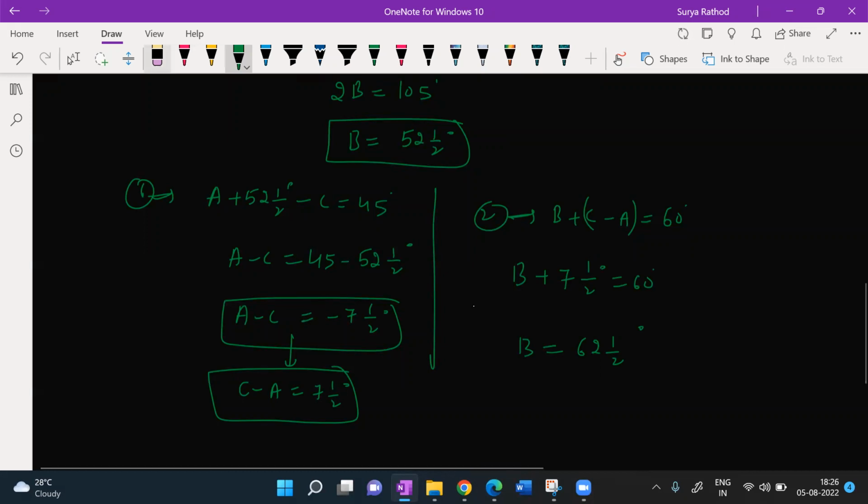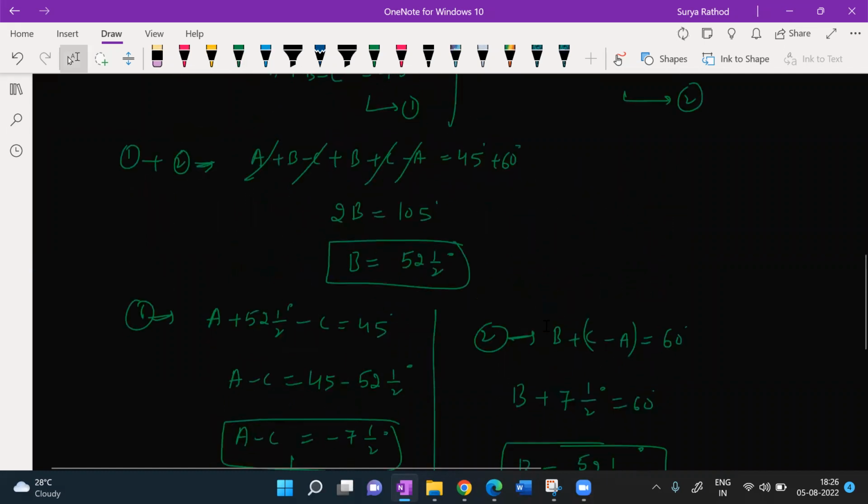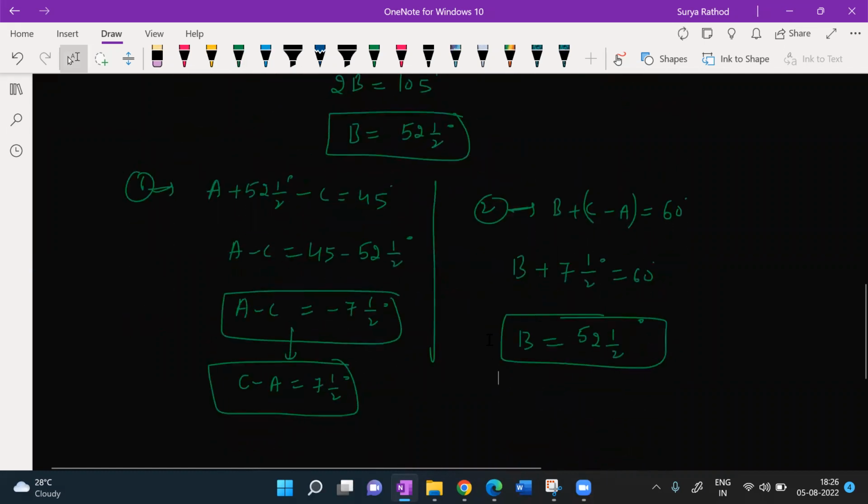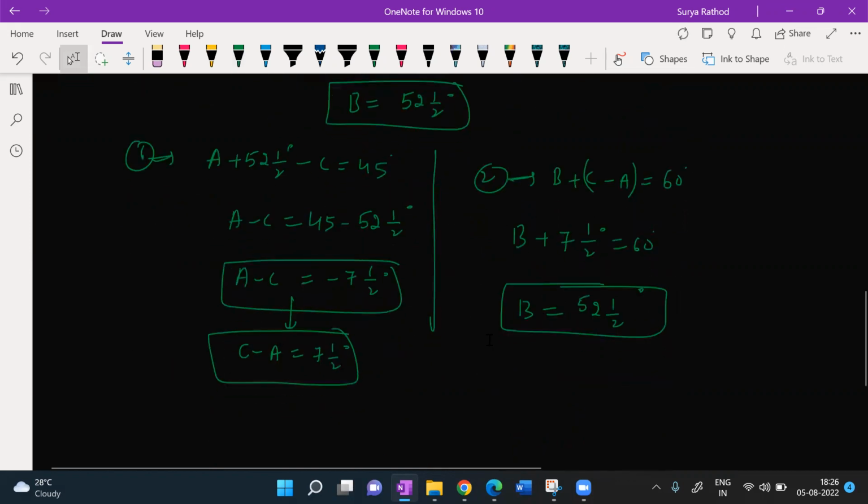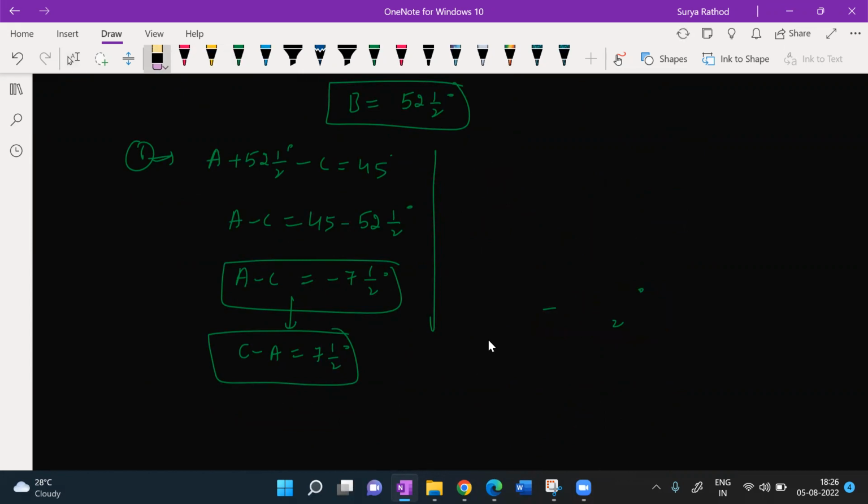Sorry, not 62, 52.5 here. 60 minus 7.5, so 52.5 degrees. This is B, we got B again. We need to find C now. Already we got the B value, so we need not do this actually. So this is what we got.